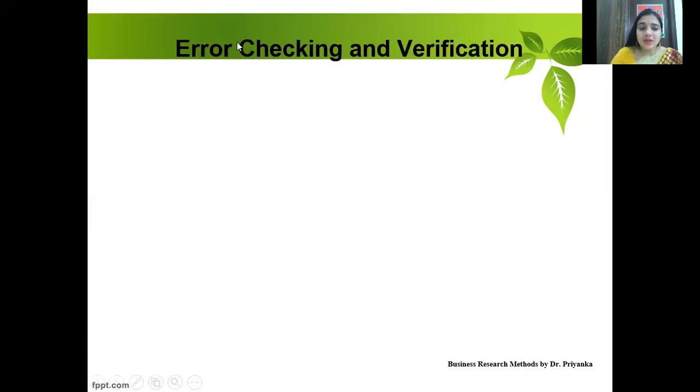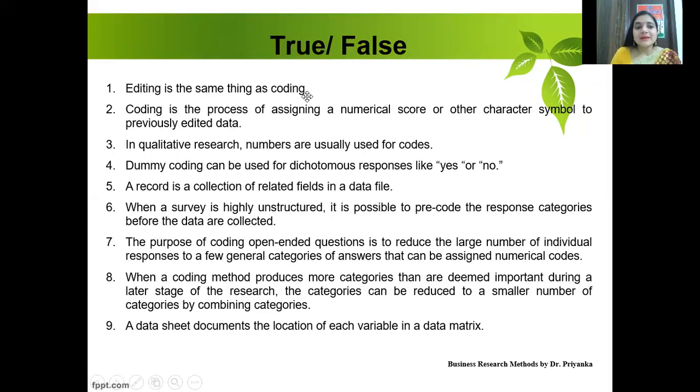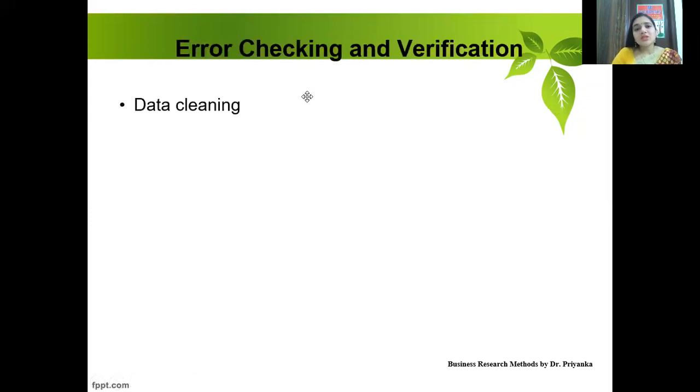Yes, this is very important. Error checking and verification. It's basically cleaning the data which is actually not right for the analysis. Sometimes you might have some data, for example, like we discussed in the last presentation, you might have entered the wrong date of birth. These kinds of things can also create problems at the time of analysis.